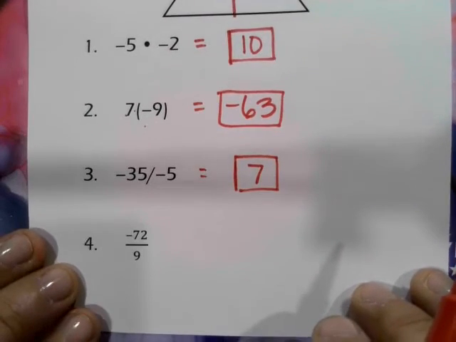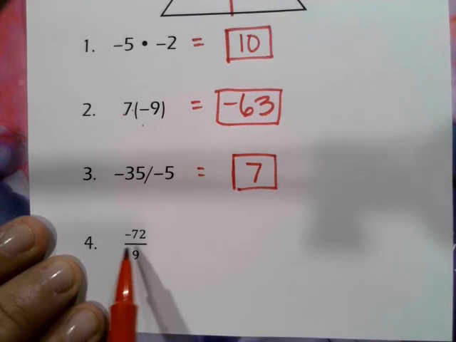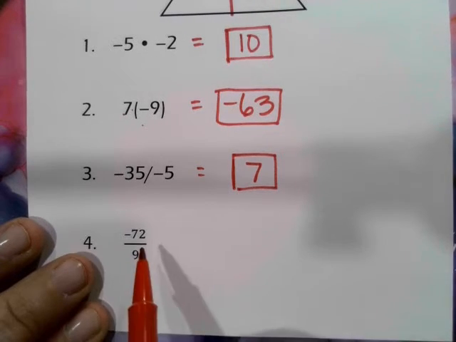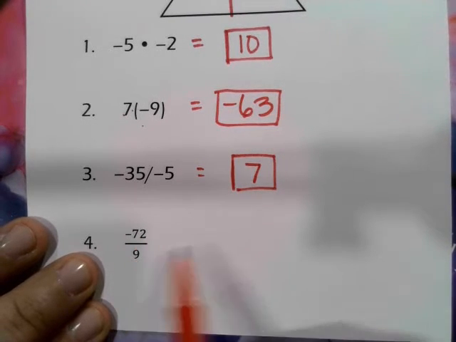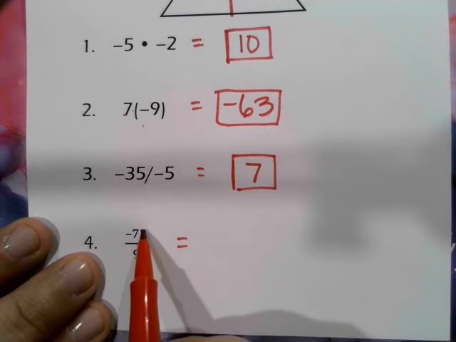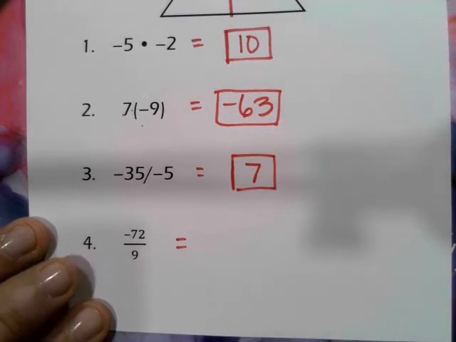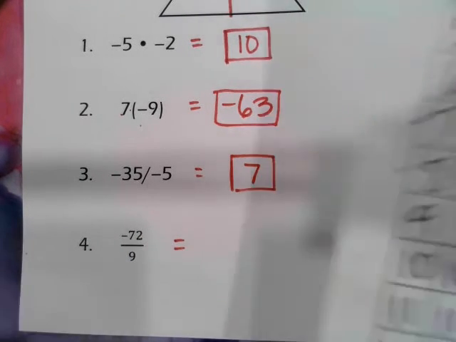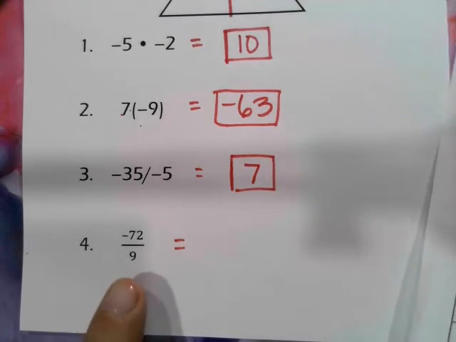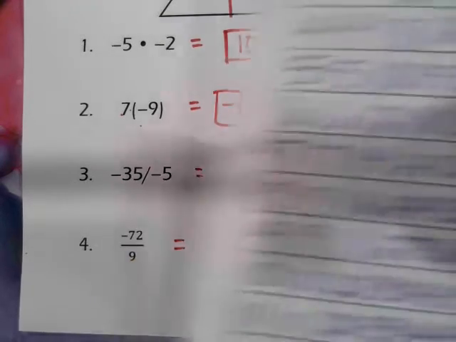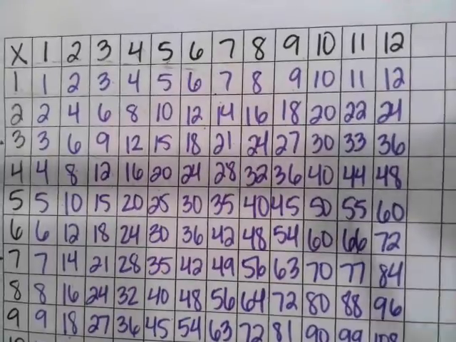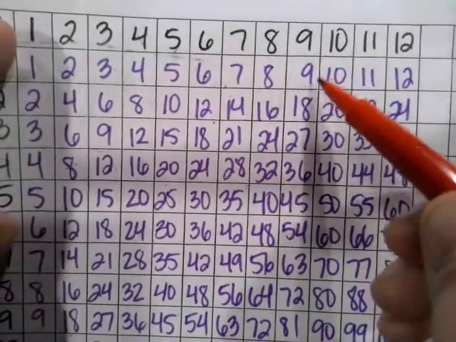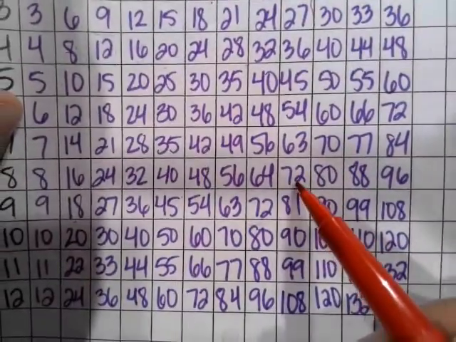And then the last one, we have a fraction bar. Remember that fraction bar does mean division, so we're going to do -72 divided by 9. My first step is divide like normal, 72 divided by 9. Again, you can use your chart. We go to the 9 column, that's what we're dividing by. Go down until we find 72, which is right here.